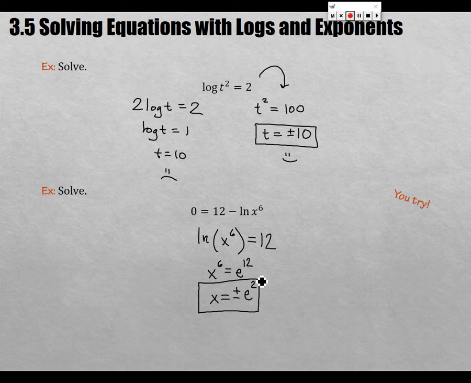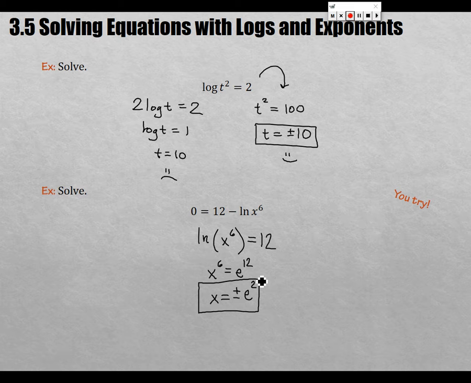So we can't say, okay, if we subtract 12 on both sides, it would be negative ln of x to the 6 equals negative 12. And then, if it's negative ln of x to the 6 equals negative 12, wouldn't it just be that negative 1 times ln, so it would be ln of x to the negative 6?